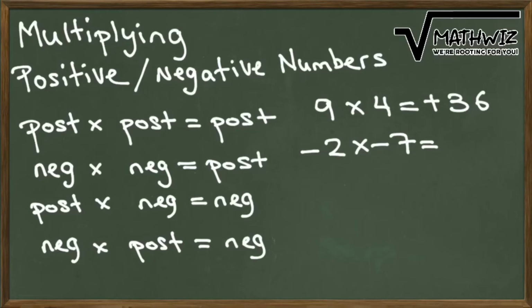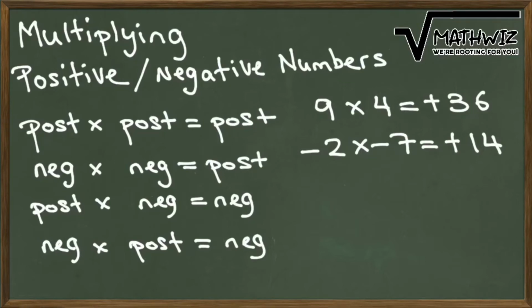We want to go ahead and multiply the numbers. So 2 times 7 is 14. And then I use the rule to decide the sign, right? So I have a negative times a negative.